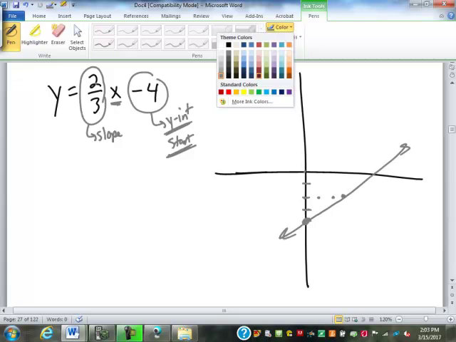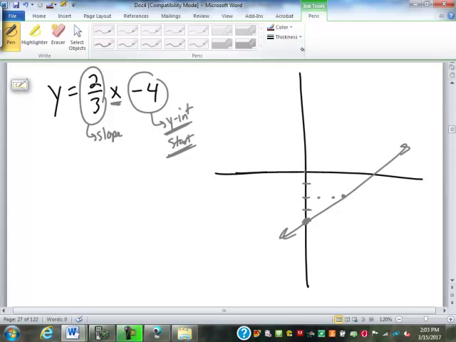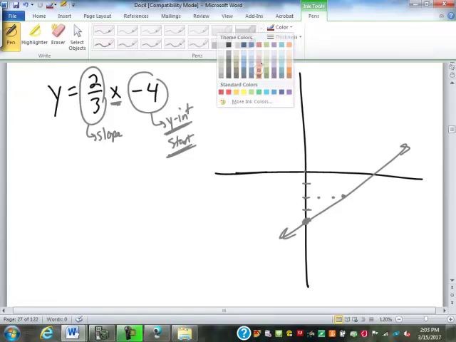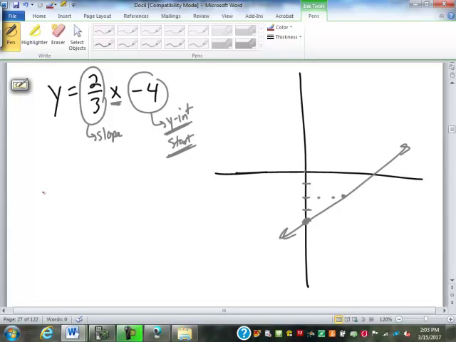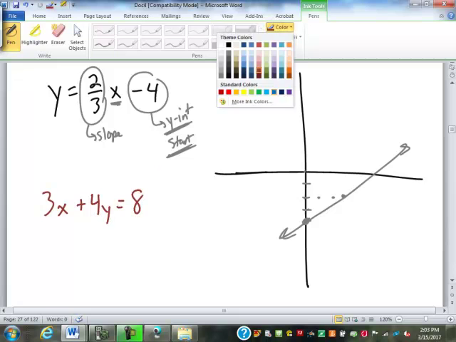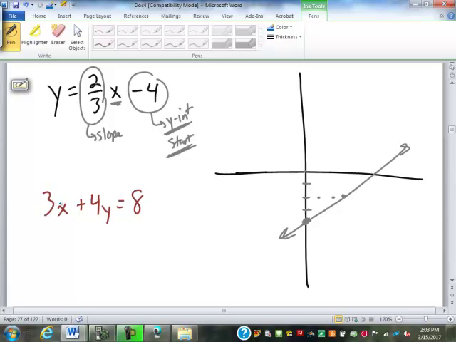And then, of course, we looked at equations where we had to do some work to get it into that form. So we had some equations that might start out looking like 3x plus 4y equals 8. And we have to get it into that form of y equals. So we have to get rid of what first? The 3x.